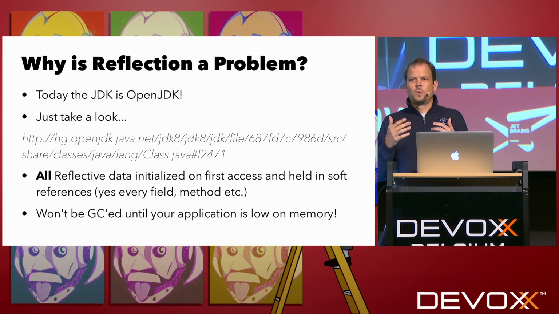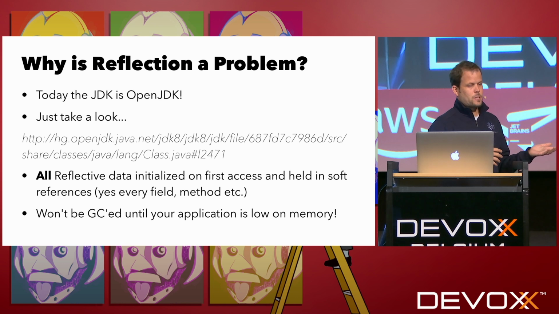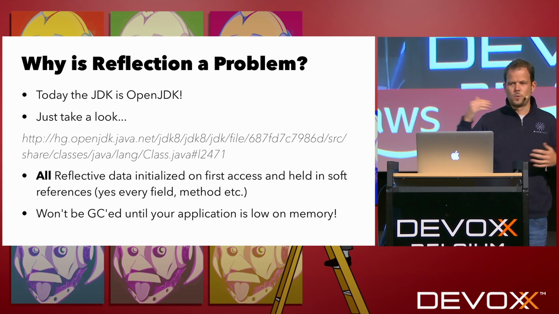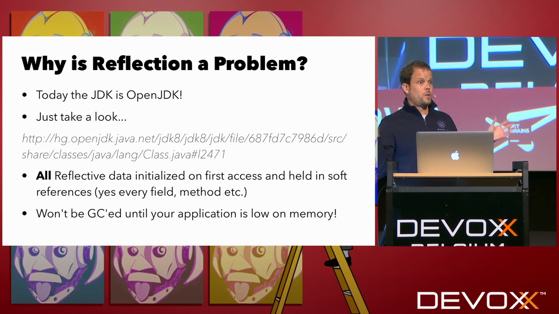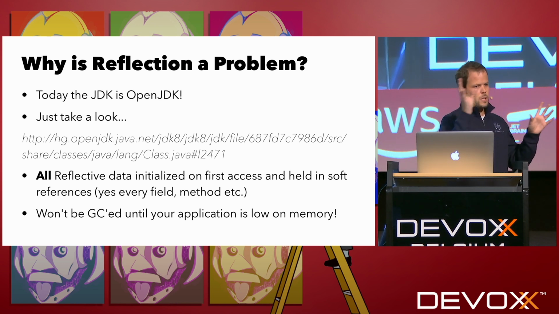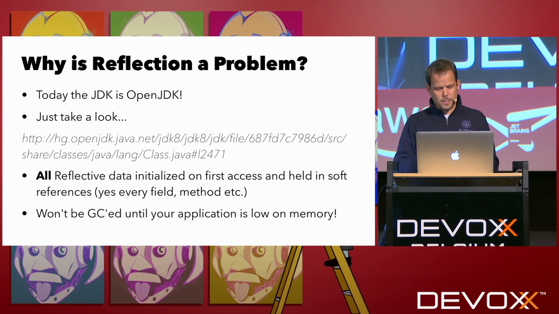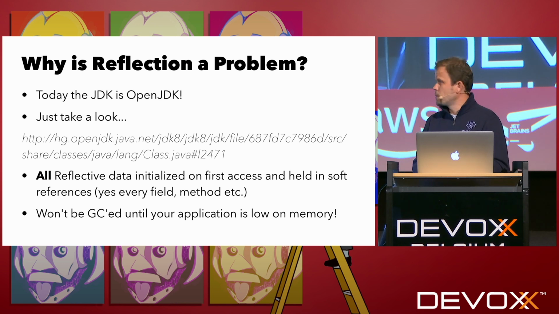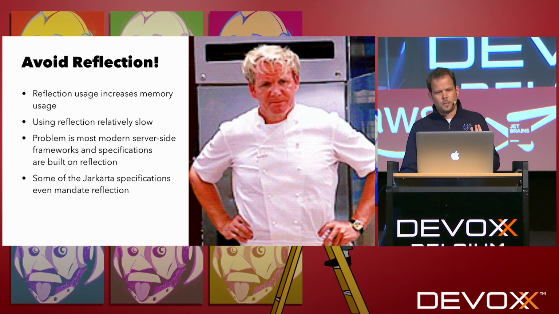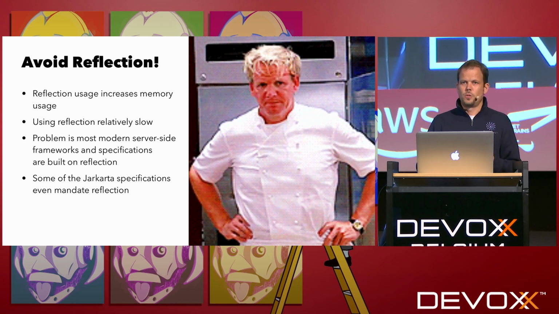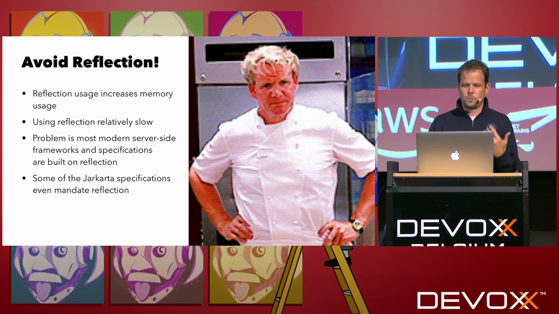And because we end up with different reflective data caches, one for Jackson, one for Hibernate, one for Spring, one for whatever other library that you're using that is using reflection, you end up with all these method references and field references all over your code base occupying memory, because they all get initialized. The lesson we learned from this when we were building Micronaut is, if you want to achieve low memory consumption, you really have to avoid reflection.